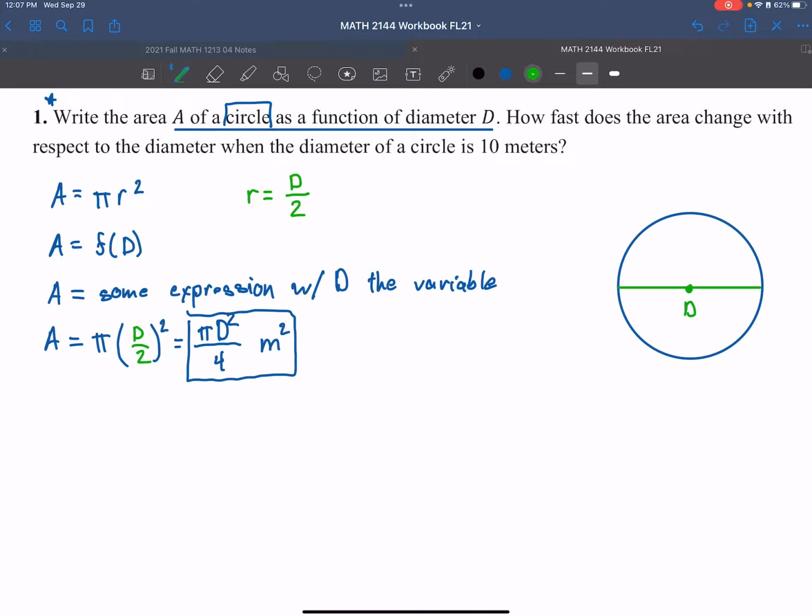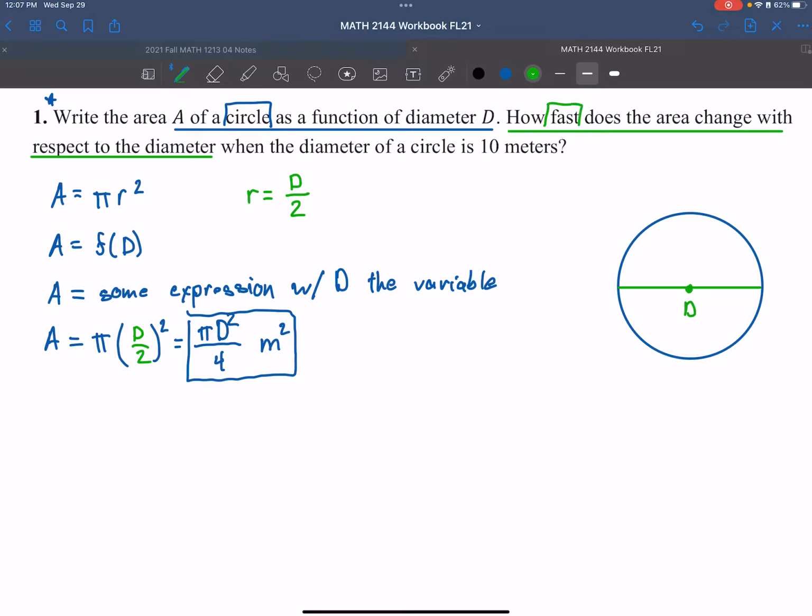The next question is, how fast does the area change with respect to the diameter? What I underlined in green there tells us what we need to look for. The keyword here is fast. How fast is asking us about the rate of change.